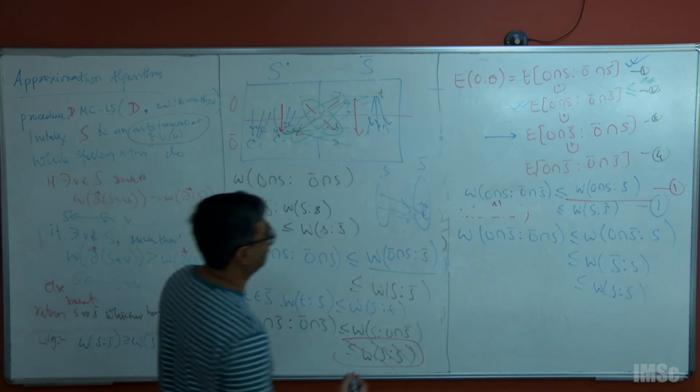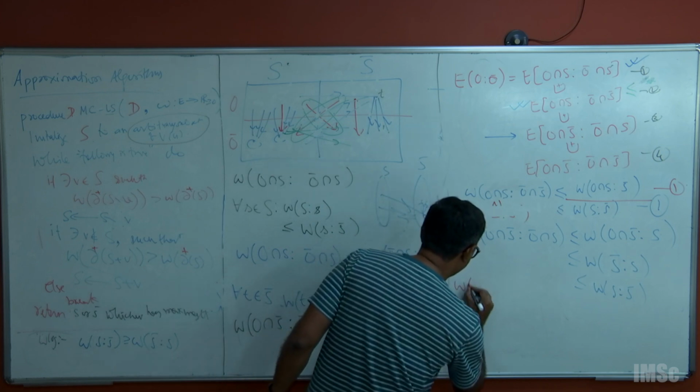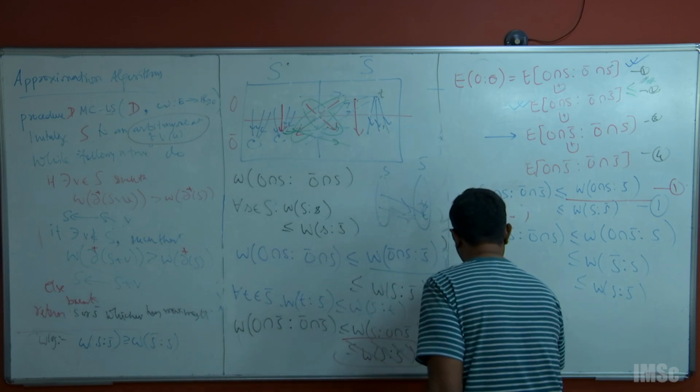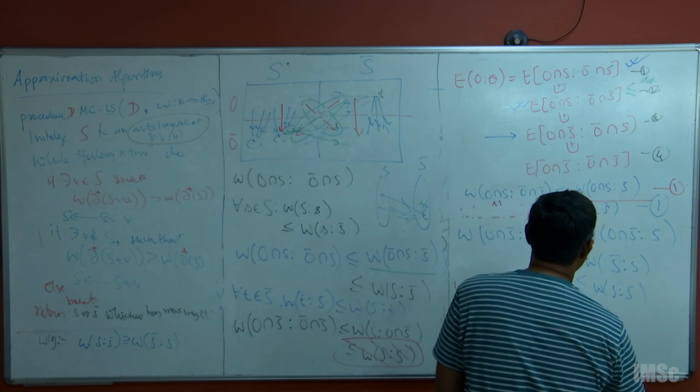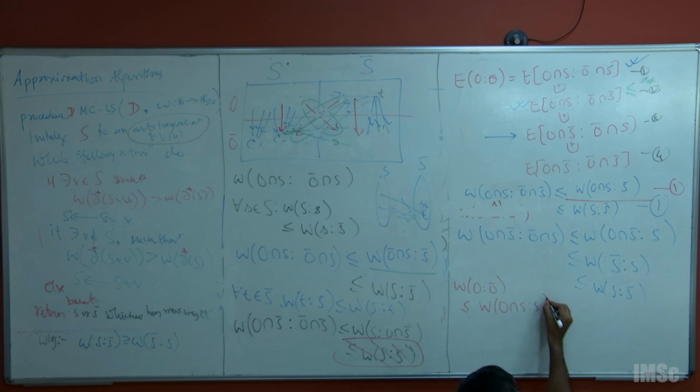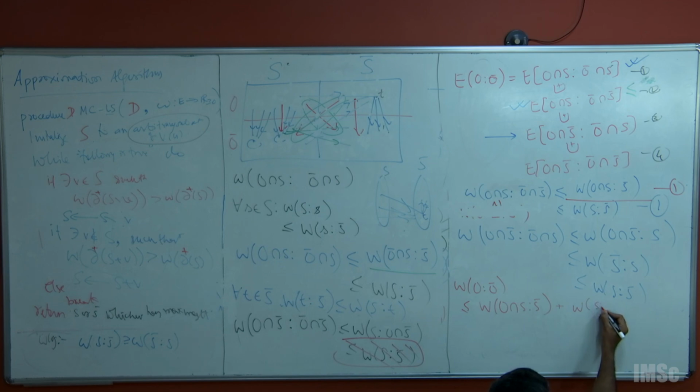I know that the weight of O bar is less than or equal to what we have. We have the weight of O intersection S to S bar, plus the weight of S bar from here.